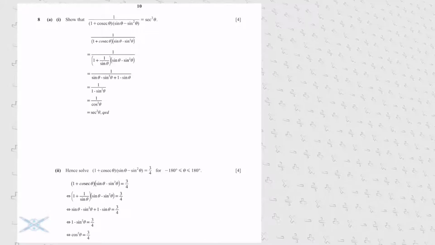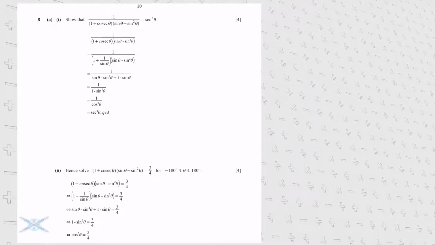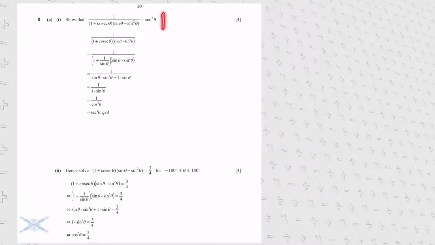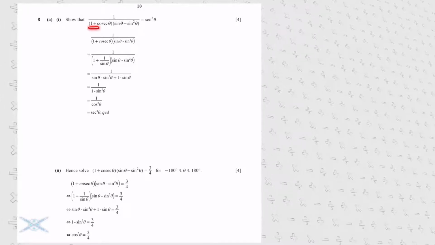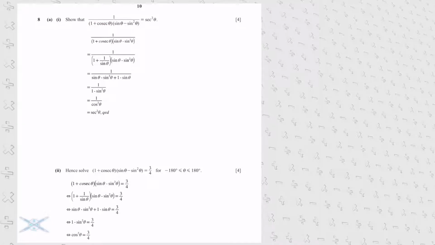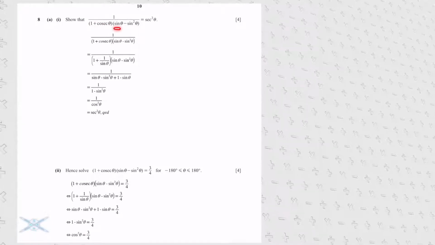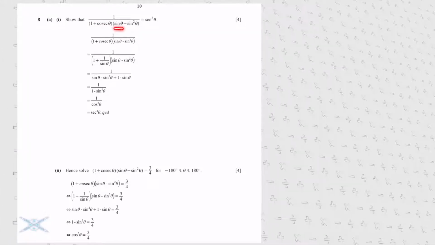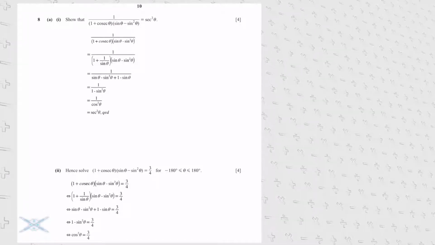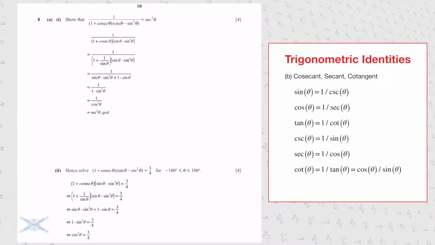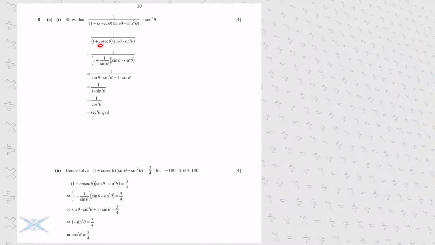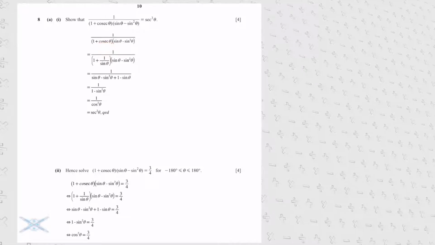Continuing with exercise 8, in A part 1, we should show that this expression is correct. To achieve that, we need to ensure that the expression of 1 plus cosecant theta is transformed to an expression that contains sine theta. This can be achieved by taking a closer look at the trigonometric identities which are provided on the right-hand side of the screen. One of which states that the expression cosecant theta equals 1 over sine theta.